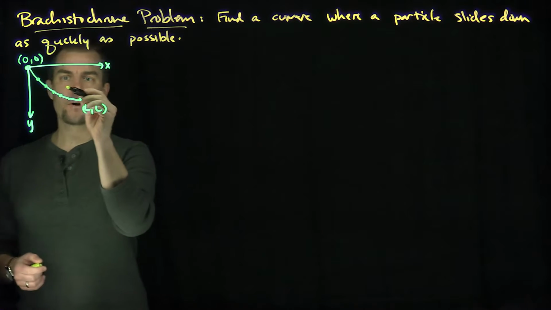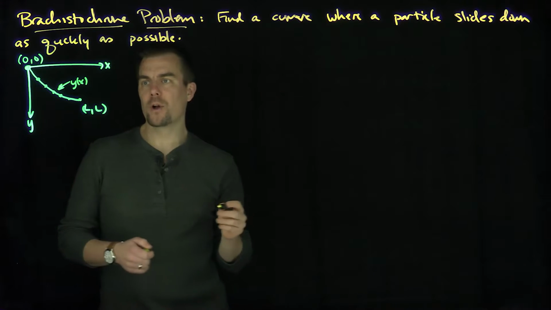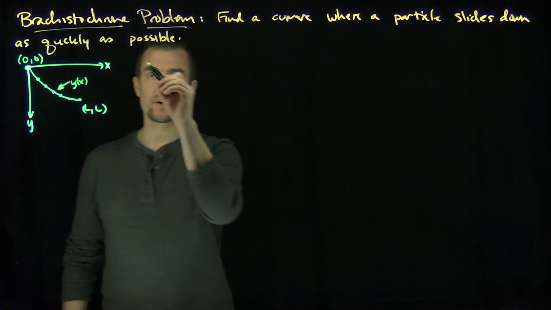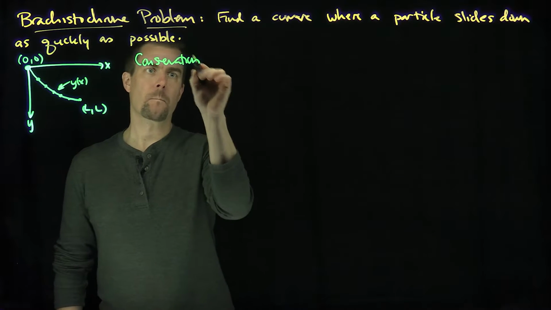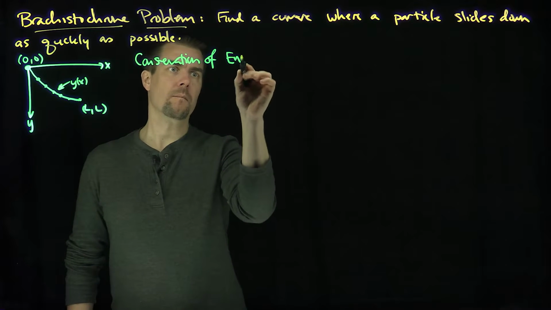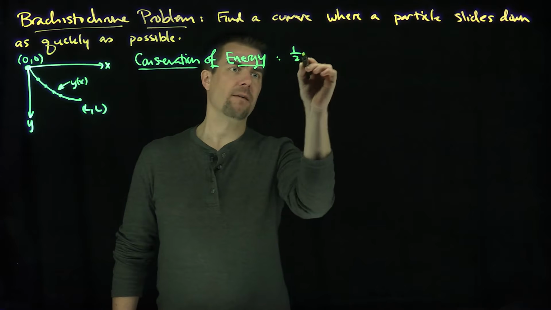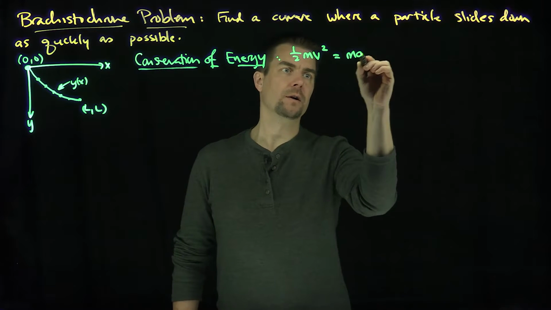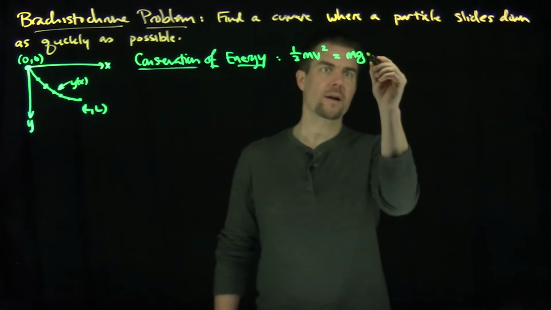Of course I have a function y of x over here, and I know that by the conservation of energy, one half m v squared is equal to m g y, for a particular point on this curve of height y.